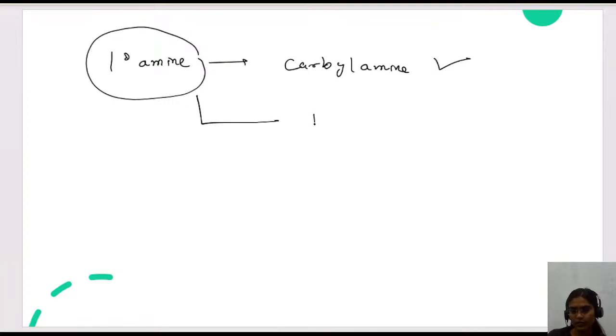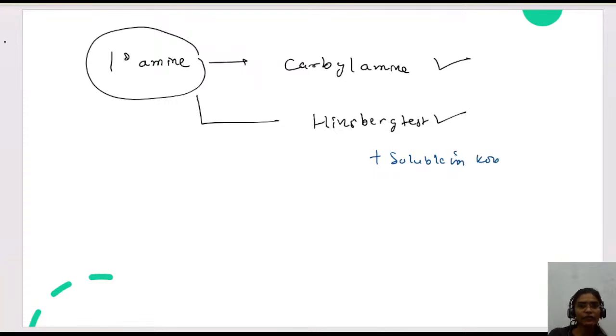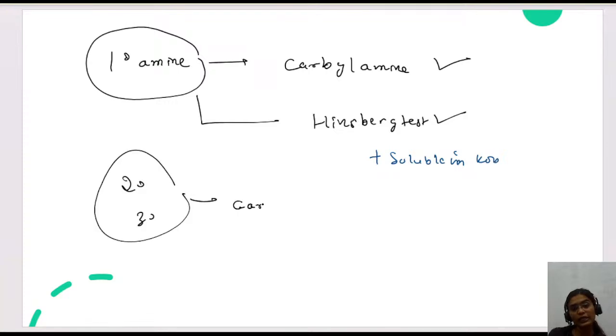Second test we just discussed, the Hinsberg test, positive. Now one more: it is soluble in KOH. This is the basic point. And secondary amine or tertiary amine both can't give any test with the carbylamine. So this is how we are able to distinguish between primary, secondary, and tertiary.